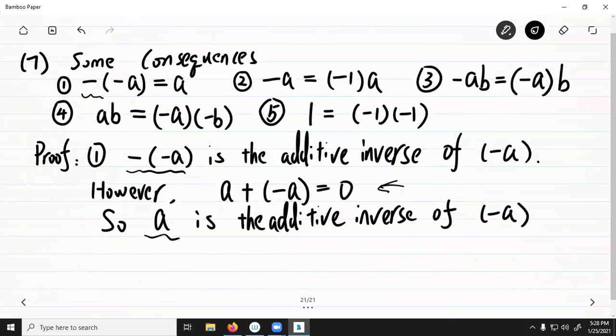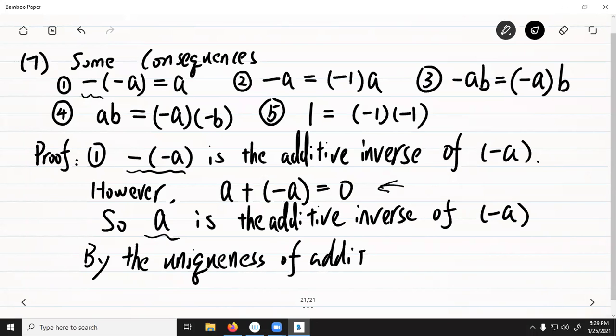Yeah, we only have one additive inverse, the uniqueness, right? We proved that already. There is only one additive inverse. By the uniqueness of additive inverse, we have no other choice, because there is only one additive inverse of one number.